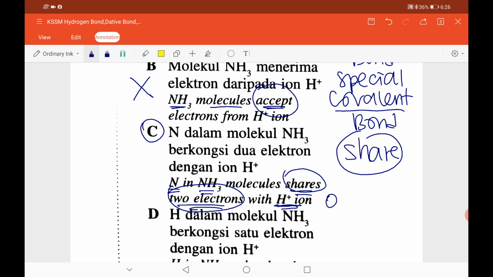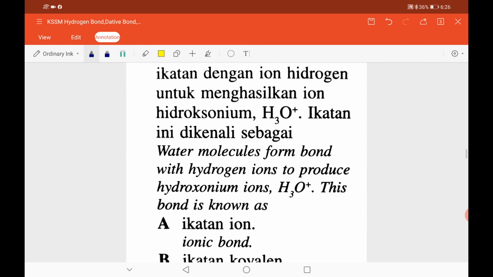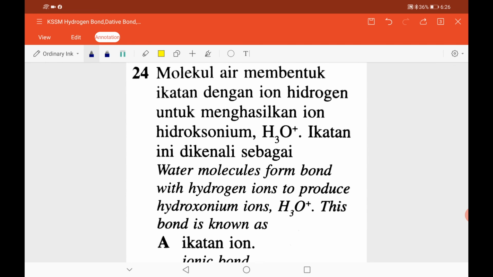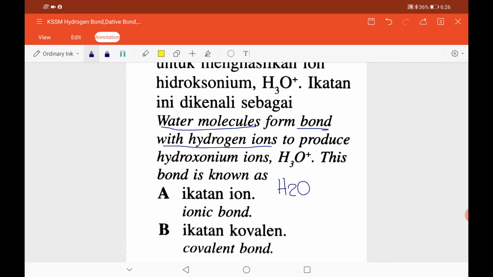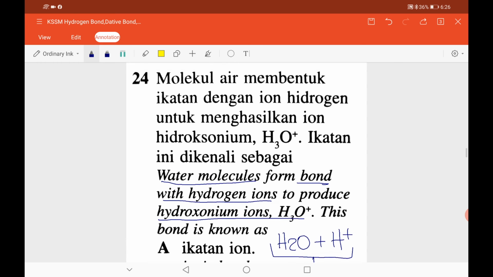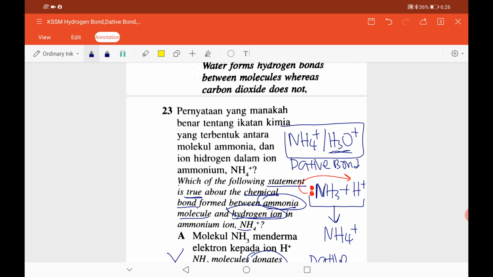Okay, so let's try one more question. Water molecule actually can form a bond with H plus. So we have water forming a bond with H plus, so you form hydroxonium ion, H3O plus. So I said just now, H3O plus is another case of dative bond.